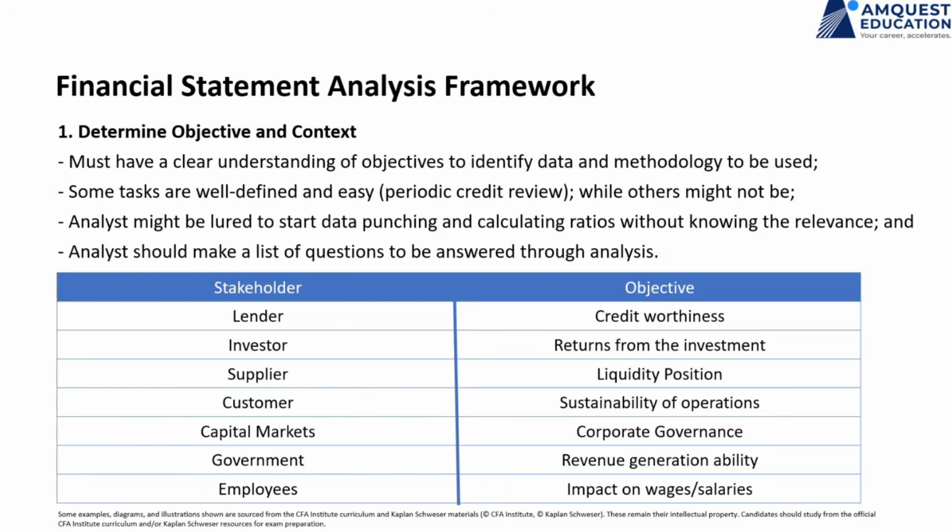If you are going to invest, I want some returns. Supplier also looks at financial statements from a liquidity position perspective. So supplier is more interested in understanding, are you able to pay expenses? And for supplier, these expenses are sometimes daily expenses because this could be very, very small and marginal suppliers. So they might be looking at daily returns or daily payments.